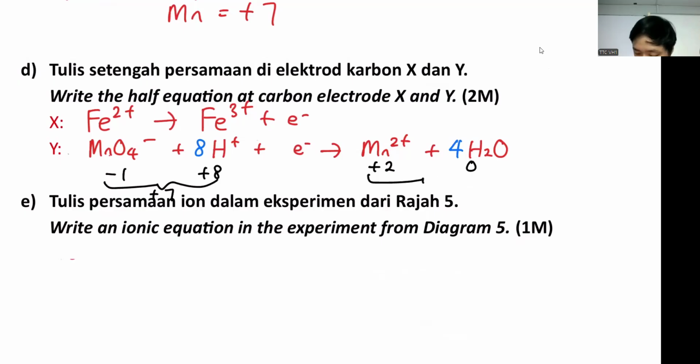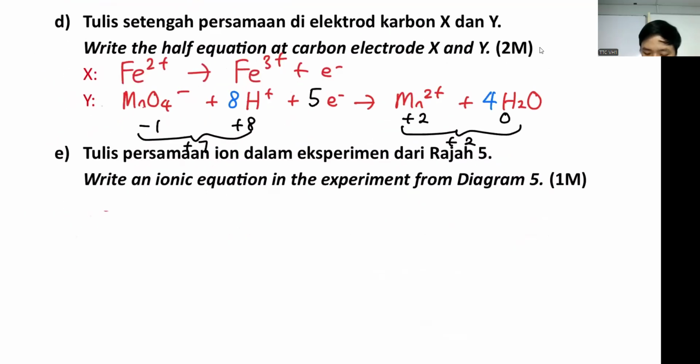So the overall is +2. So +7 minus what becomes +2? 7 minus 5 becomes +2. Or you can say +7 receives 5 electrons, you will get +2. This is the half equation, one of the hardest equations.